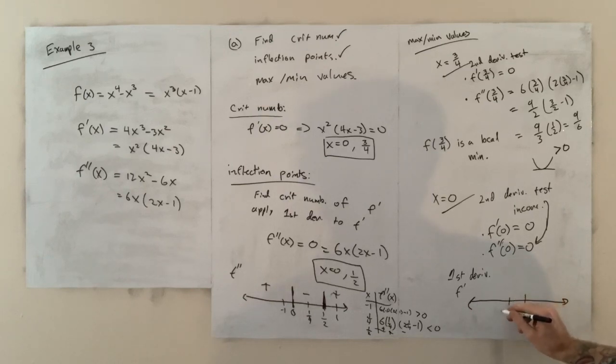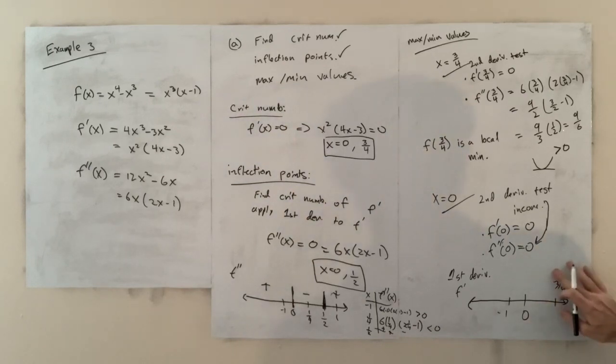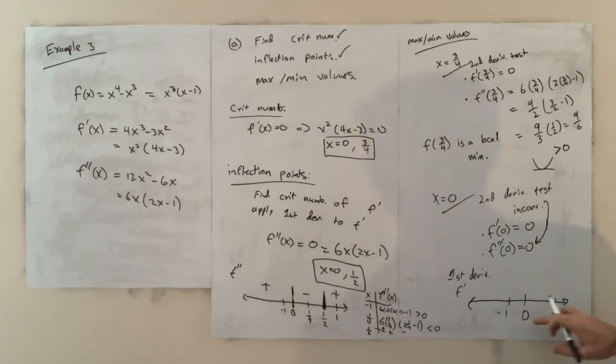So let's pick a point, -1. And then we also have to pick a point between 0 and the next critical number. So we want to pick a point between 0 and 3/4. You don't want to pick just any point on the right of 0. So we have to pick maybe like 1/2. Okay, so let's see what happens at these test points here. So we have x and we have f prime of x.